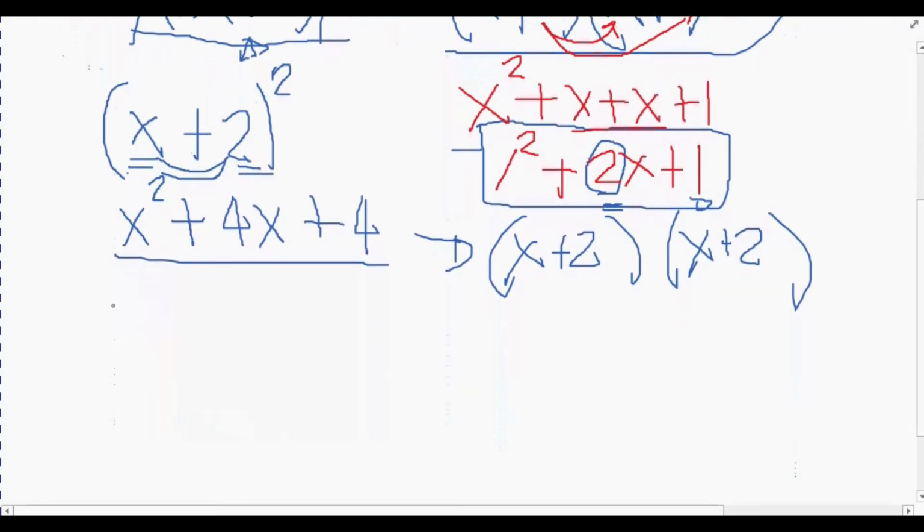So we will rewrite the function into y equals ax squared plus bx plus c. This is not a perfect square trinomial because c is not a perfect square number.